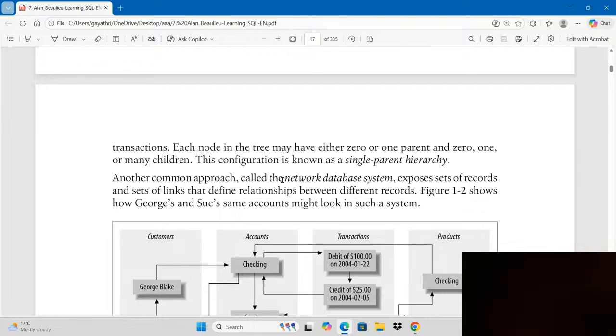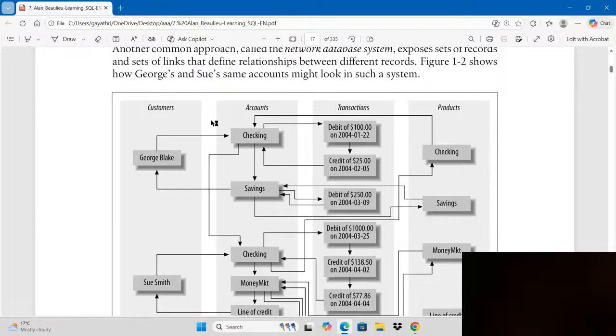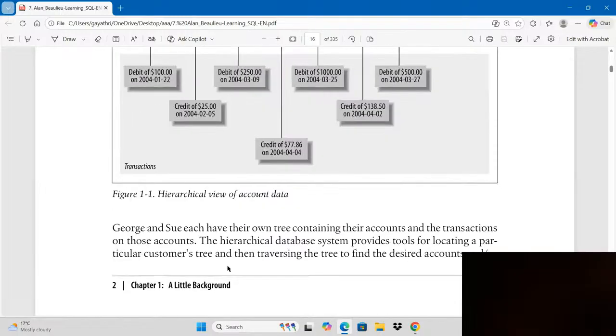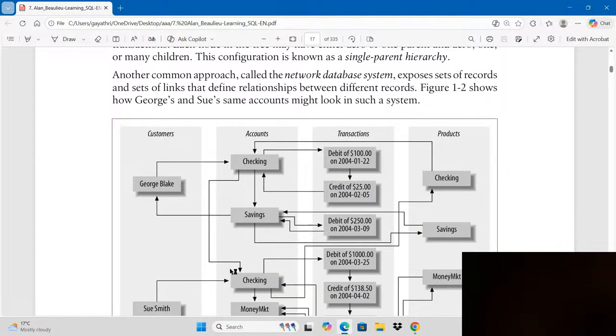Another common approach is called network database system. It exposes a set of records and a set of links that define relationships between the records. So in this we have a network database system. Here, a record can have more than one parent, and we have a network like structure.